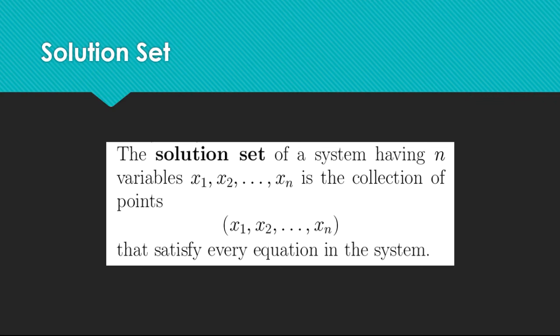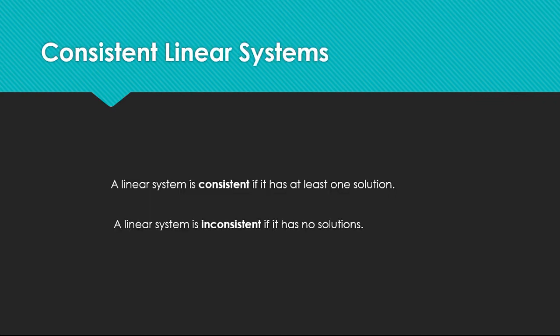So the solution of a system having n variables, x1, x2, x3 up to xn, is the collection of values x1, x2 up to xn which, when substituted in any equation of the system, satisfy that equation. It will satisfy all the equations in the system, and then we call it the solution of that system.